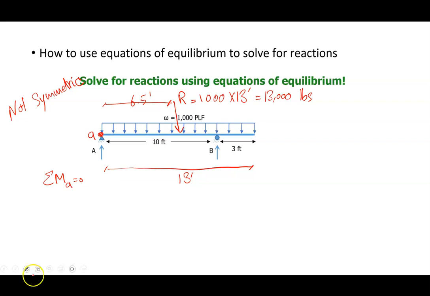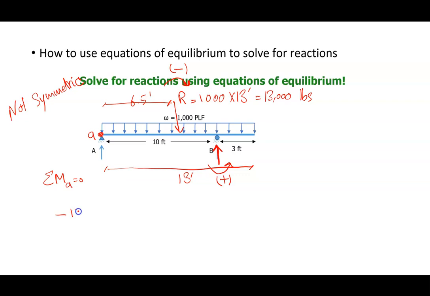Now, if we want to solve for reaction at point B, we can write down the formula for sum of moments around point A is equal to 0. Here, the resultant has a clockwise moment, so we're going to use a negative sign. And here we will have a counterclockwise moment, so we're going to use a positive sign.